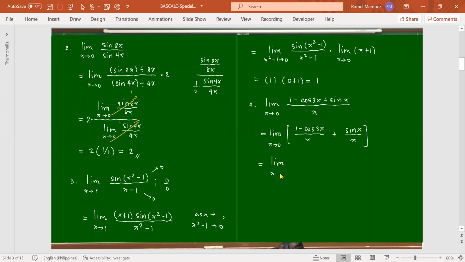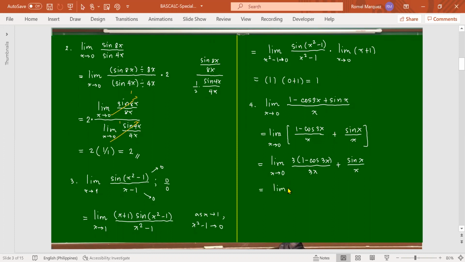O, anong kailangan ko, guys? Kailangan ko itong maging pares dito. 3 times 1 minus cosine of 3x all over 3x. O, pares na, di ba, guys? Okay, guys. Okay?